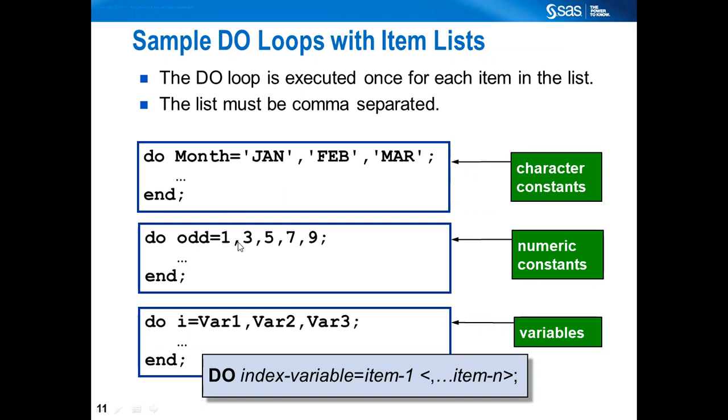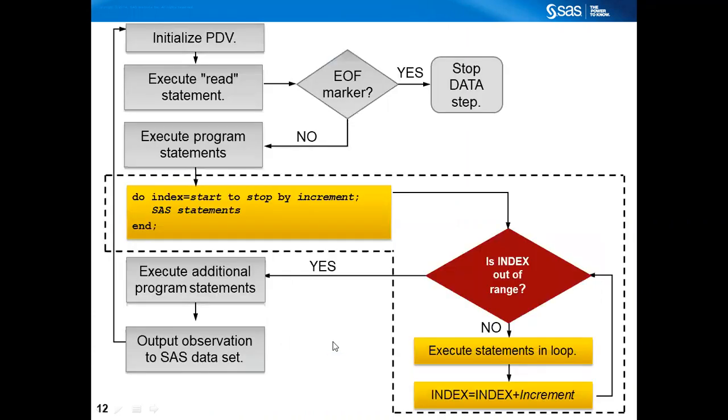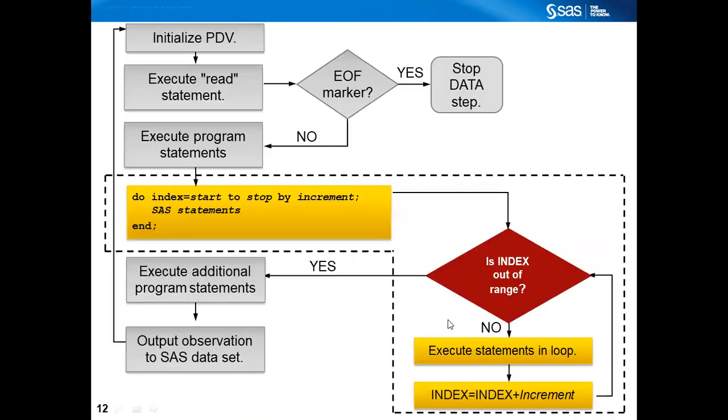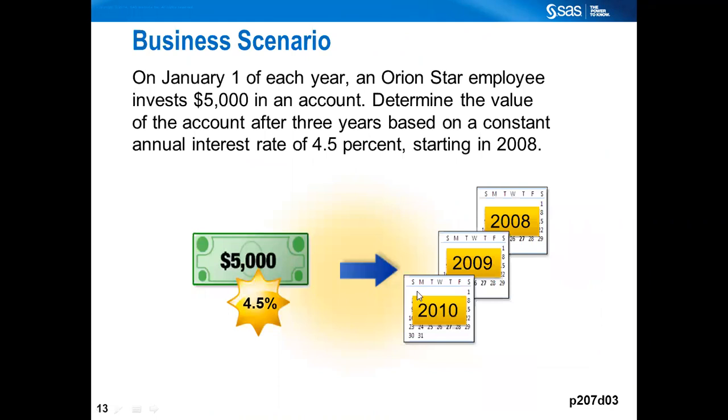You can also give discrete values of numbers, or you can also provide variables. So the do loop is executed once for each item in the list. The list must be comma separated if you're giving discrete values or variables. All right, so how does this work? I'll explain this scenario once we look into this example.